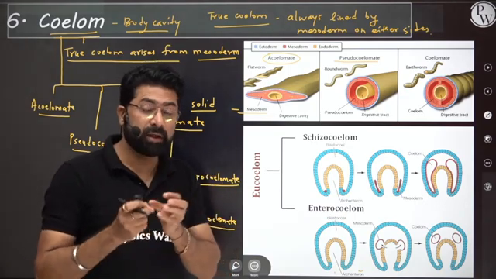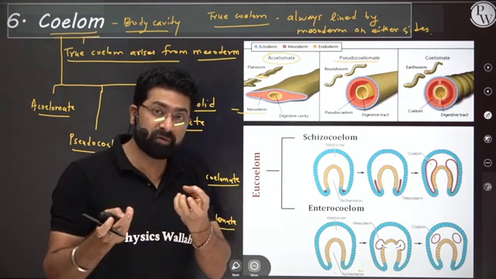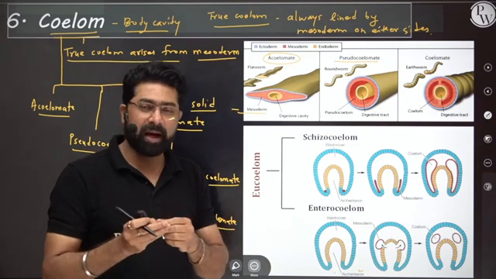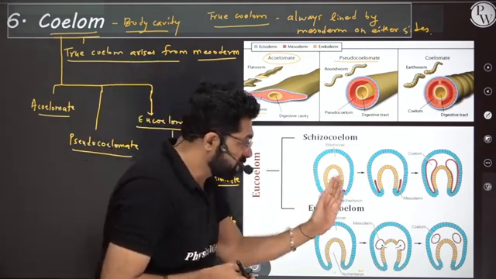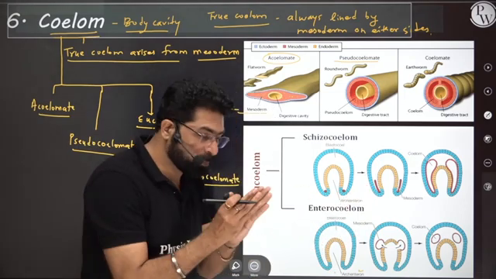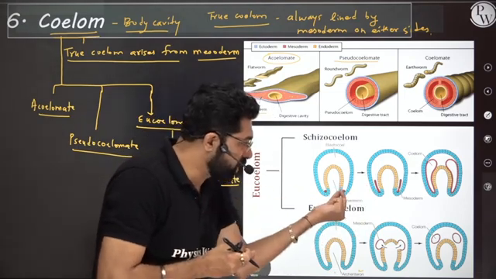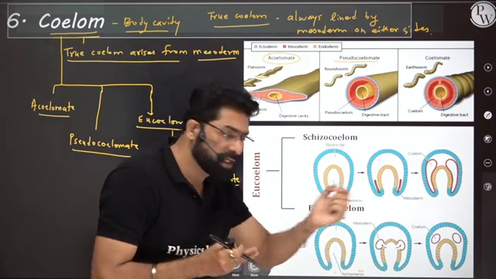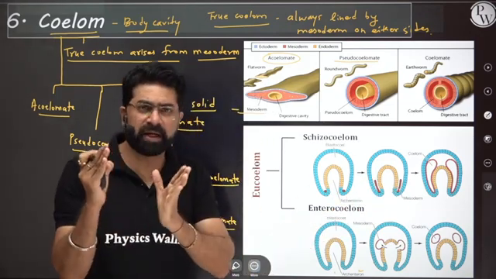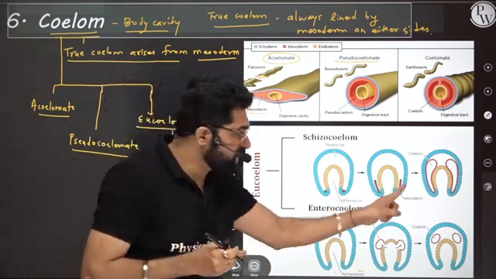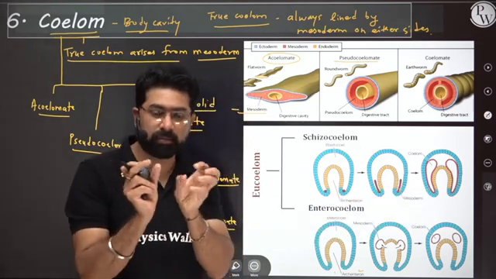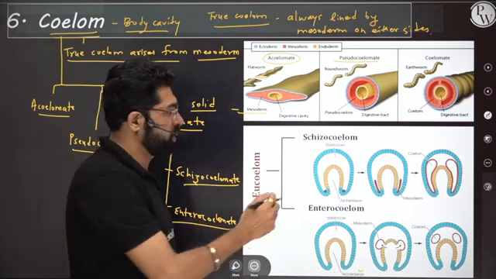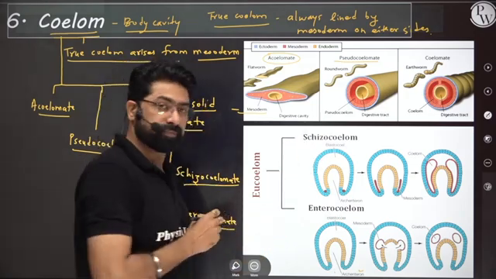Enteron means gut. Next, there is a cavity coming from the splitting of the mesoderm. Mesoblast cells gave rise to mesoderm, and this mesoderm splits. The splitting of that mesoderm produces a cavity, and that is called schizocoelom.